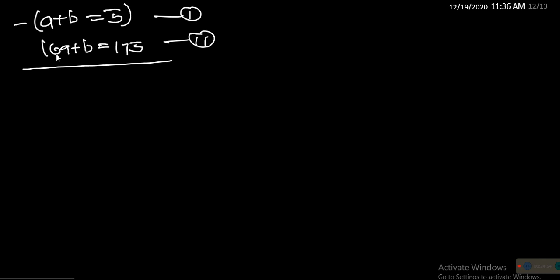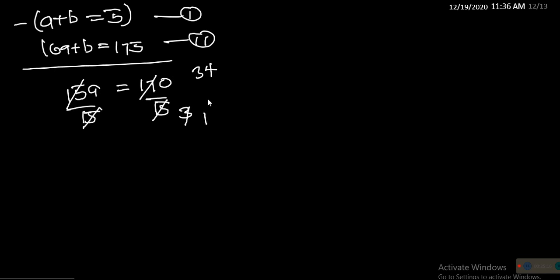We have 16a minus a will be 15a, b minus b will be 0, 175 minus 5 we have 170, and then we can divide both sides by 15. So a equals 34 over 3.